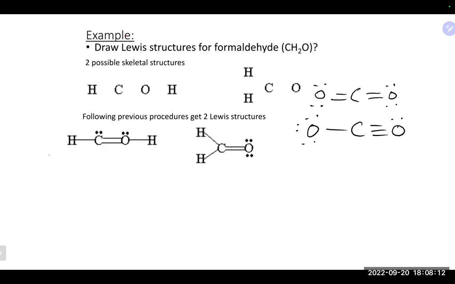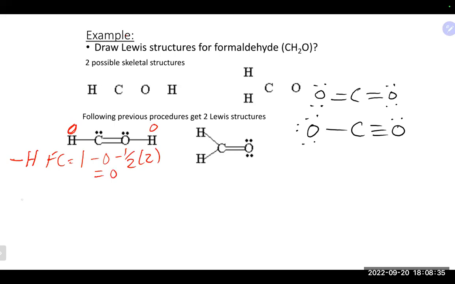We'll start with the structure on the left here. We'll do our single bonded hydrogen. The formal charge would be 1 minus 0 minus 1/2 of 2, which gives me 0. This hydrogen is exactly the same, so it should be carrying a 0 as well.